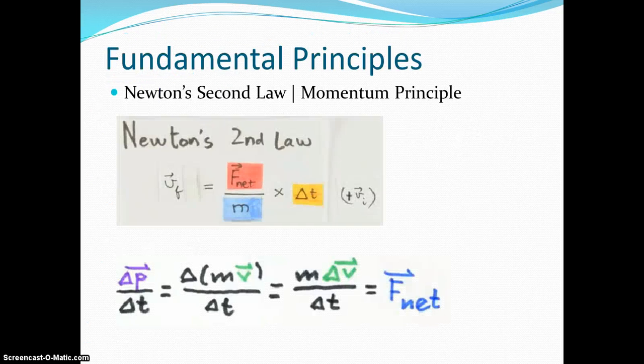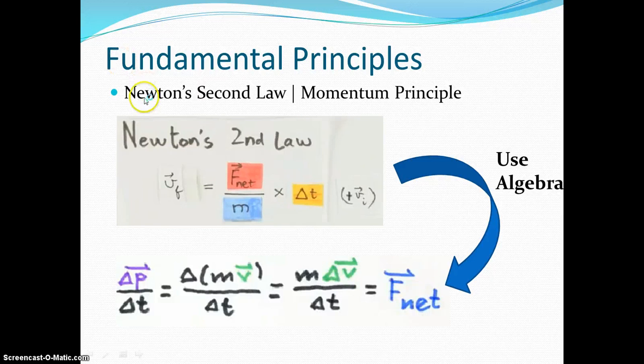So our fundamental physics principle here again is Newton's second law, or just the momentum principle. This is the same thing that we've used in the first two labs, with a little bit of algebra to get it from the form where we're using the net force to tell us something about the motion and the velocity of the object.